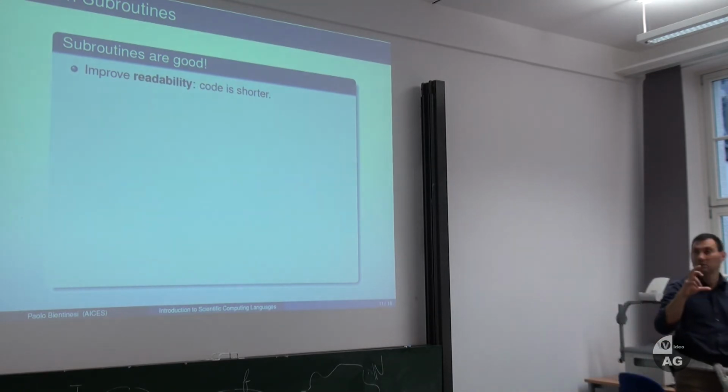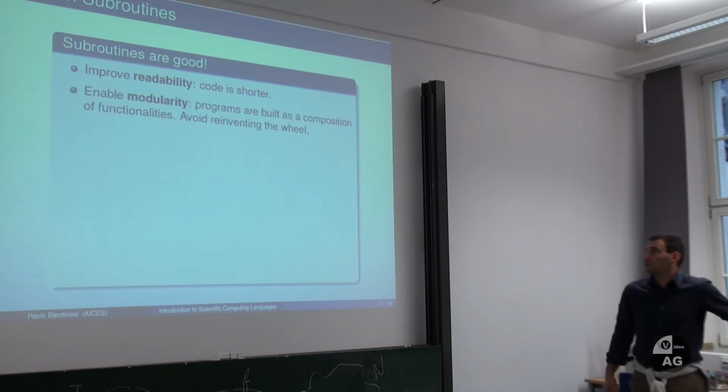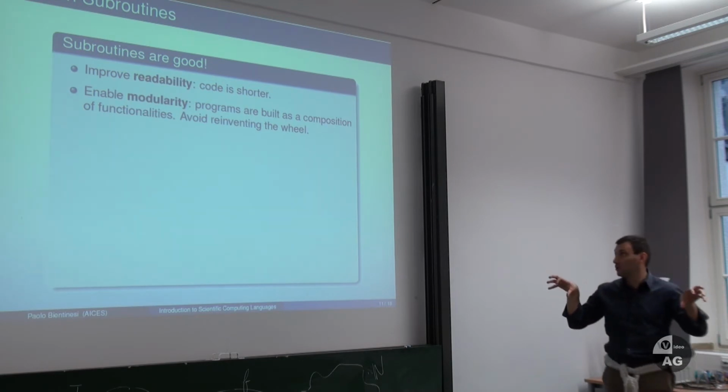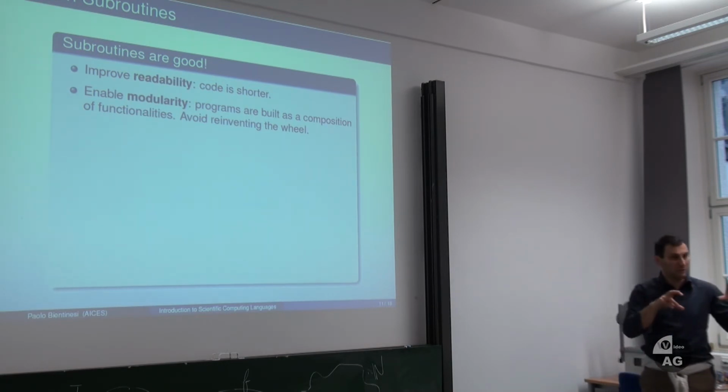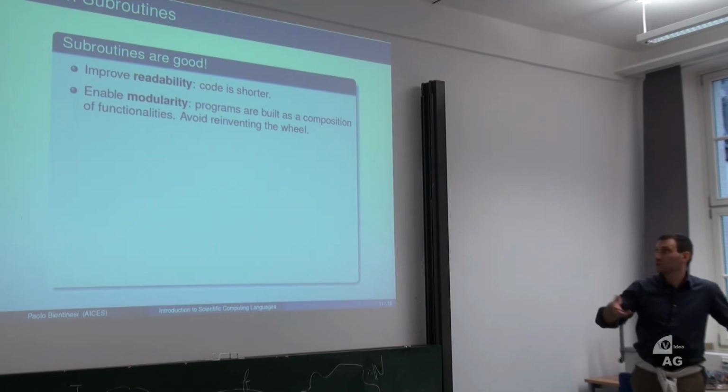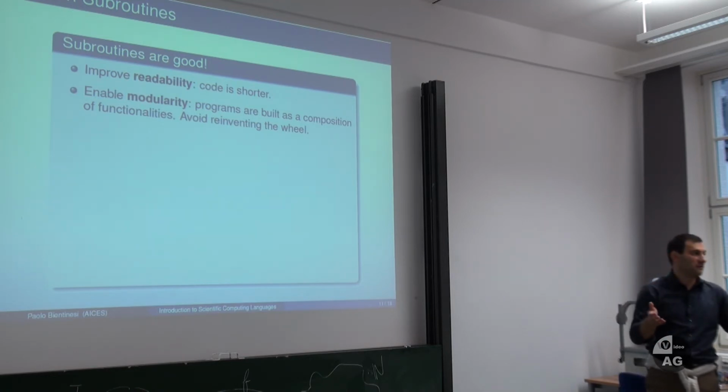So the code is shorter and more meaningful. They enable modularity. You can build a program in terms of modules, of subroutines. Each one does something specific, so this is good. Also, you can take somebody else's module for computing the area of a circle. You don't have to reinvent it every time.